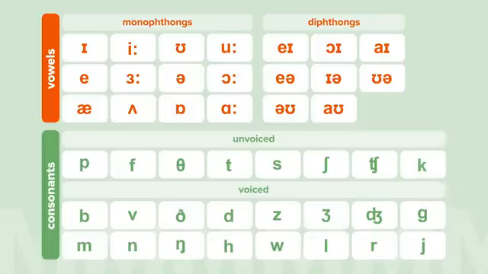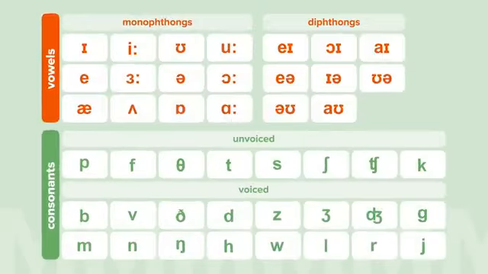For example, this one represents the sh sound. We use this symbol to represent the sound because it can be written with different English letters in English words, like show, relation, passion, and chef.